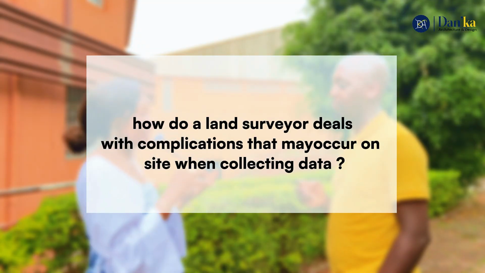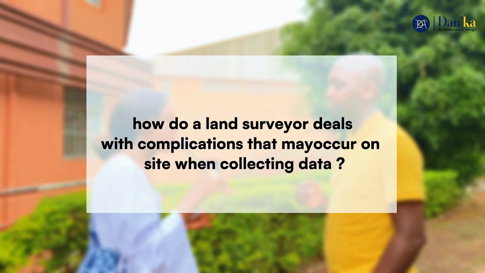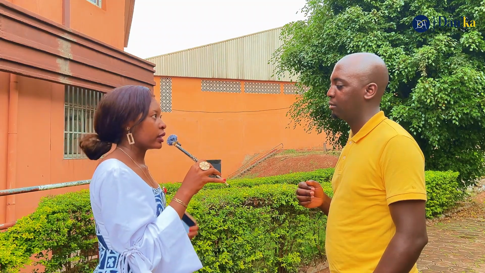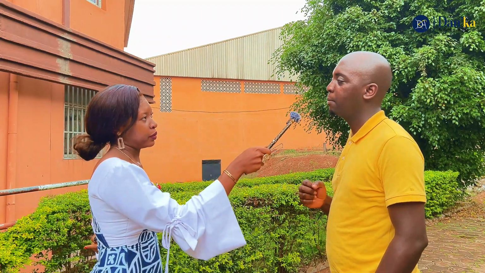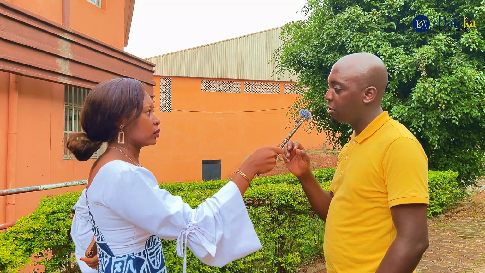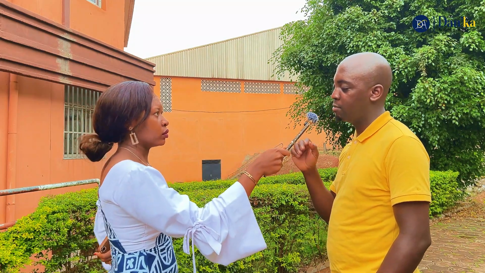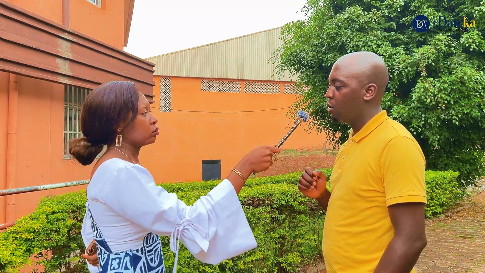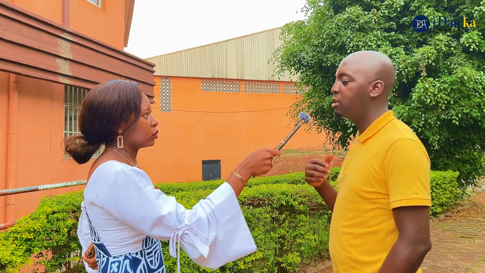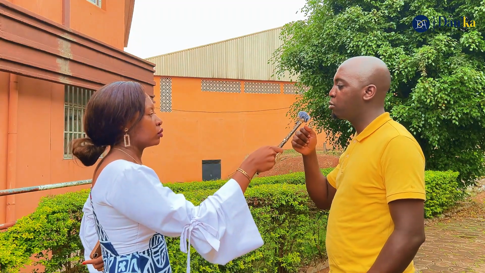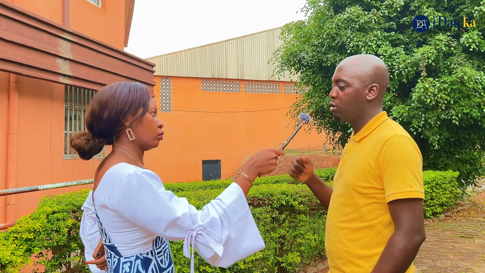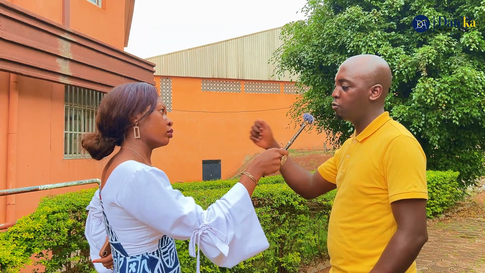How does a land surveyor deal with complications that may occur on a site when collecting data? I would say a good land surveyor needs to be flexible. When you encounter a problem, a difficulty, you need to be able to change your working tools or your method of working.